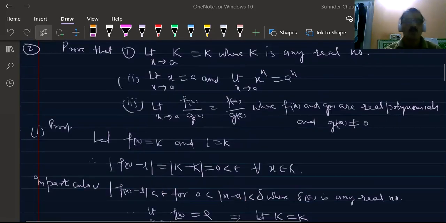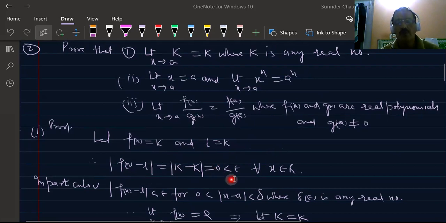Now the first part given is let f(x) equal to k and l equal to k. So by the definition of the limit, given epsilon, we can find a delta such that |f(x) minus l| is less than epsilon. Substituting the values, it is k minus k, which is 0.